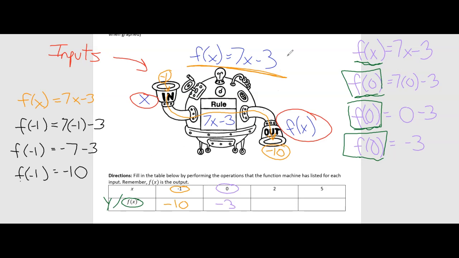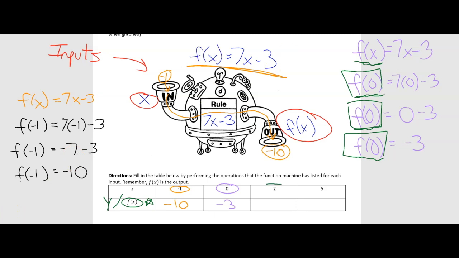The notation is just what's different. For linear equations, we're talking about y's and x's. For functions, we have x's, but we also have this new thing, f of x, that replaces our y. So go ahead, attempt this process for inputs 2 and 5 and see what your outputs are.